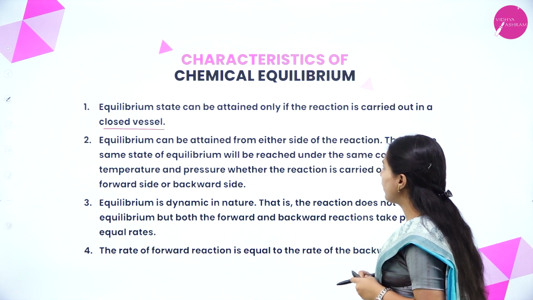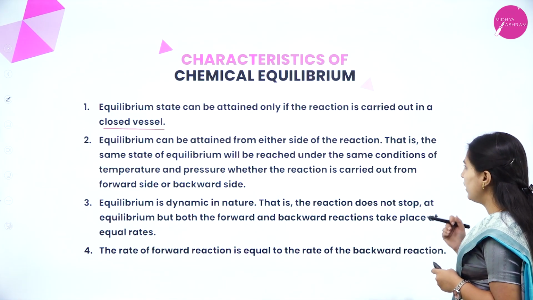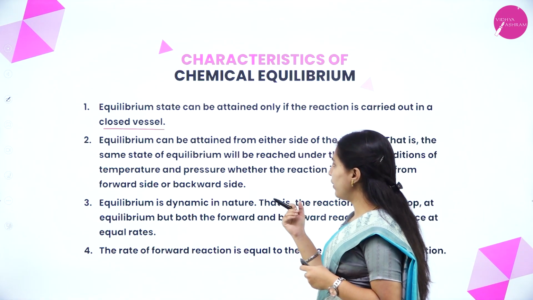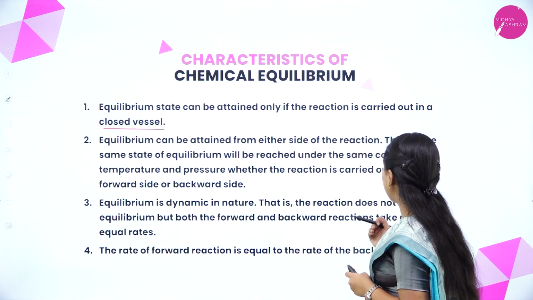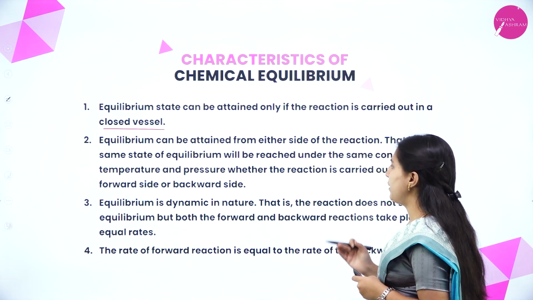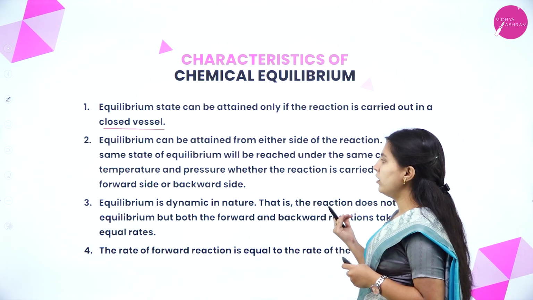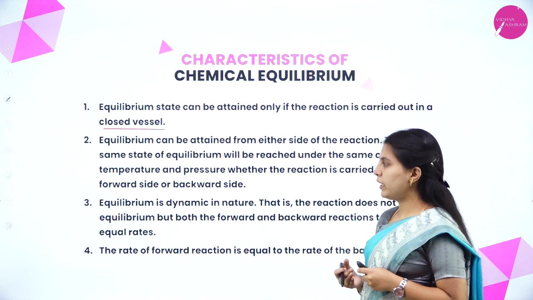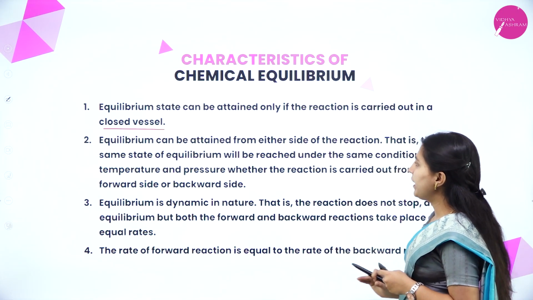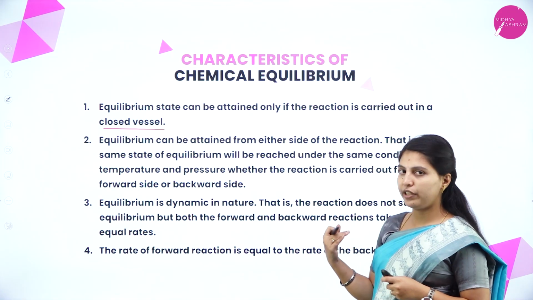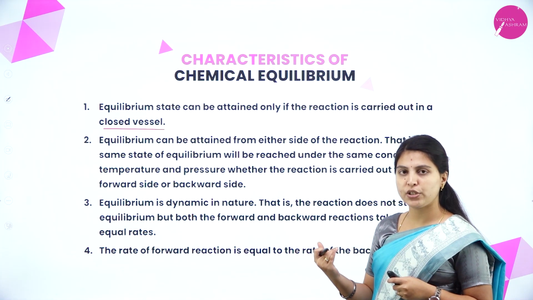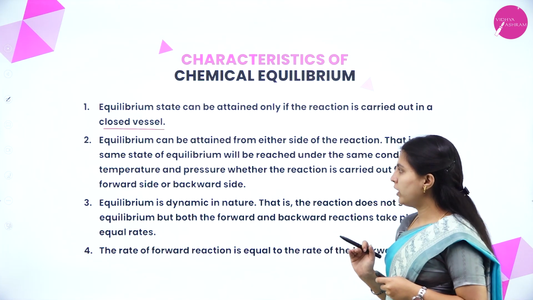Equilibrium can be attained from either side of the reaction, that is, the same state of equilibrium will be reached under the same conditions of temperature and pressure, whether the reaction is carried out from the forward side or backward side. What are they telling? Equilibrium can be attained from either side of the reaction, from the forward direction as well as from the backward direction.